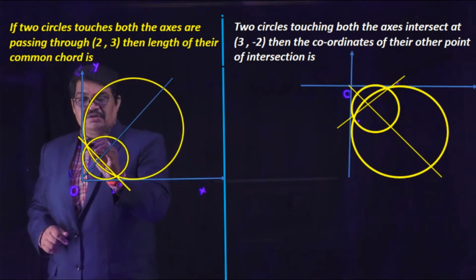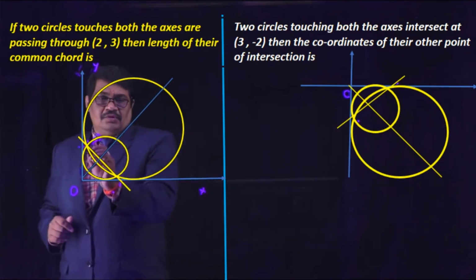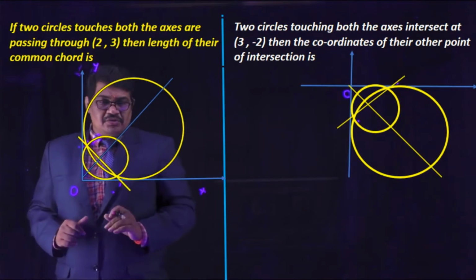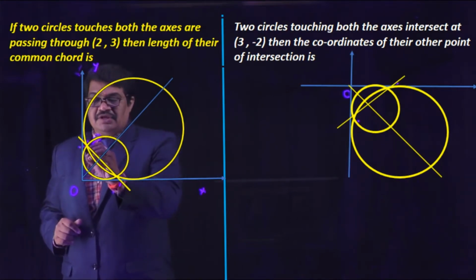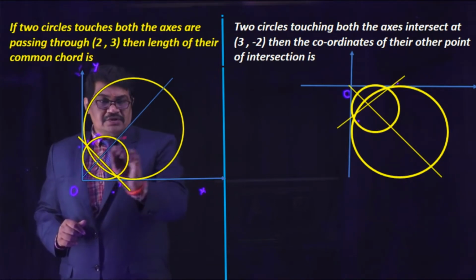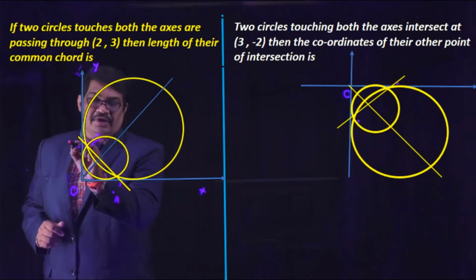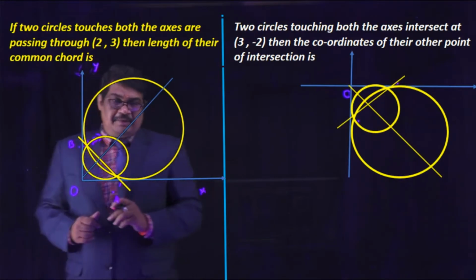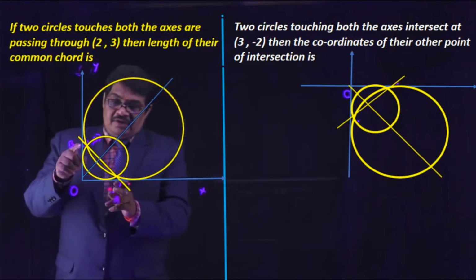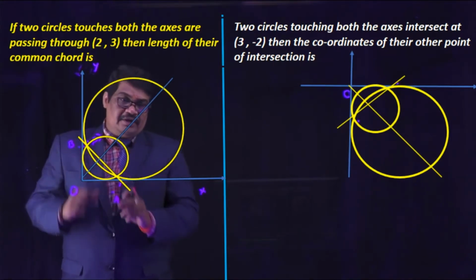So this is the common chord of these two circles. We call this common chord AB. Now we have to find the length of this common chord AB.